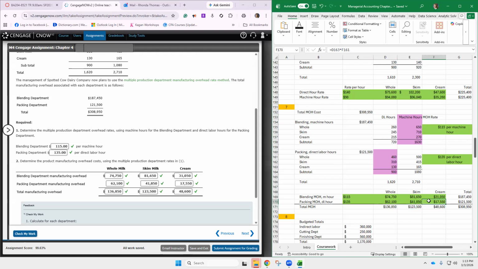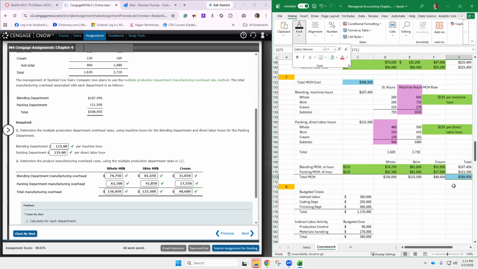And then cream gets 130 direct labor hours times 135. And so you put in the numbers and then you add down, and then it adds up to the total here. So it's nice to have a place to check that you have done your job.